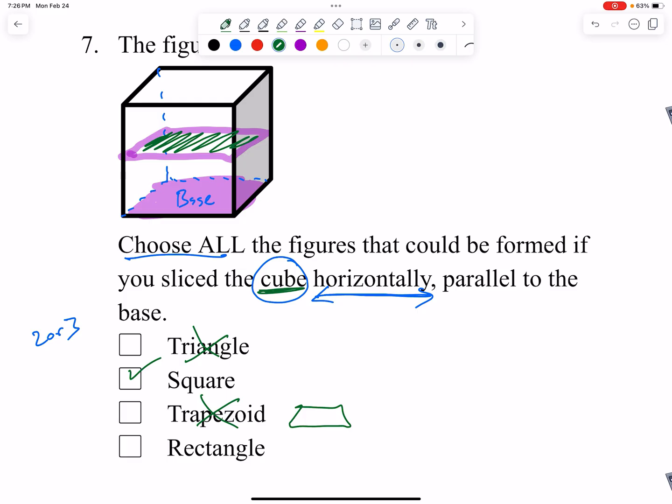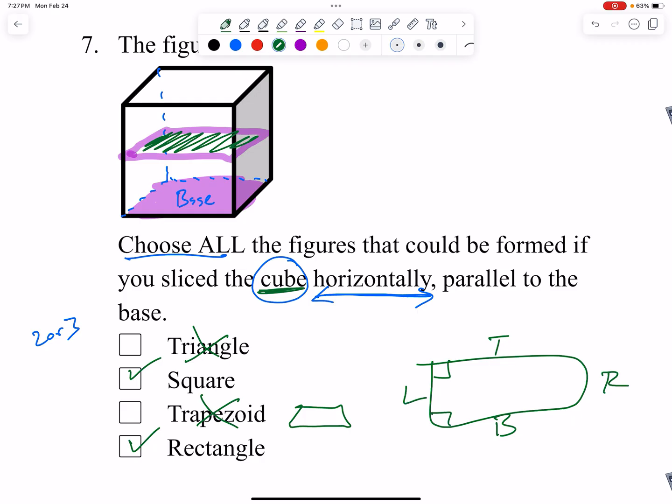But here's the thing. It has to do with vocabulary. Okay, and this is where it gets more annoying into like 8th and 10th grade when you take geometry, if you do it at that pace. A square is special in that it is a rectangle as well. Because a rectangle says that the top and the bottom are the same, and the right side and the left side are the same.